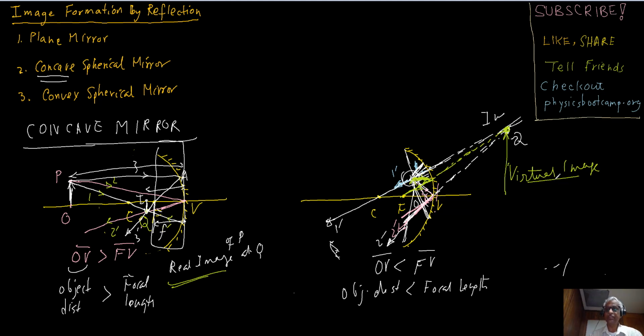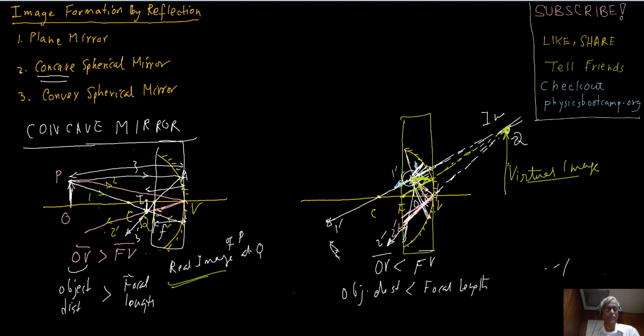Okay, so this is the concave mirror. Again, this happens when the object is in this area, when the object is closer to the mirror surface than the focal length.